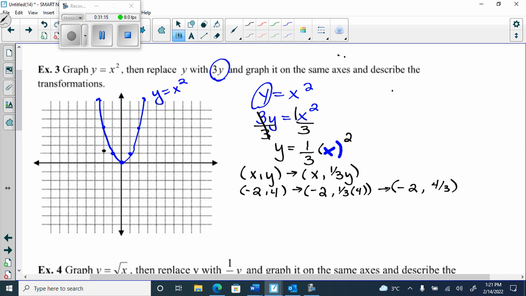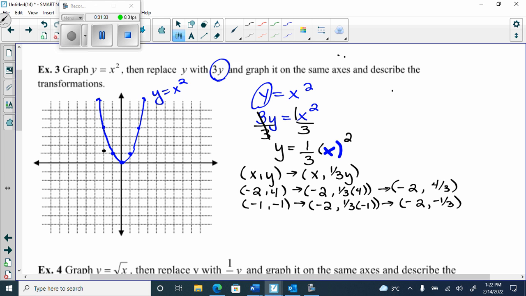It's here. Then we're going to go negative 1 and 1. So we go negative 1, comma, 1/3 times 1.